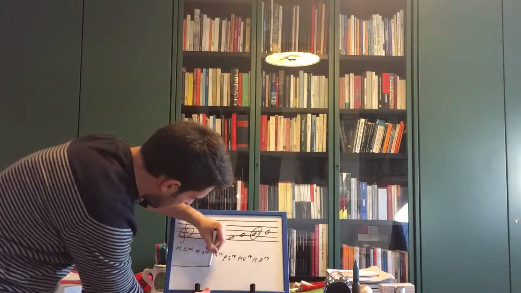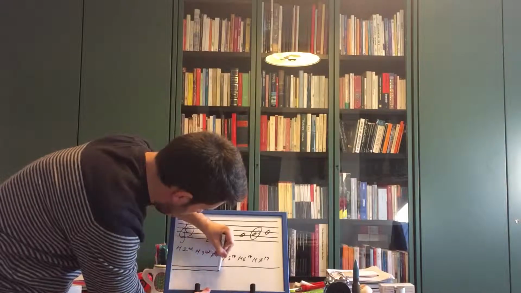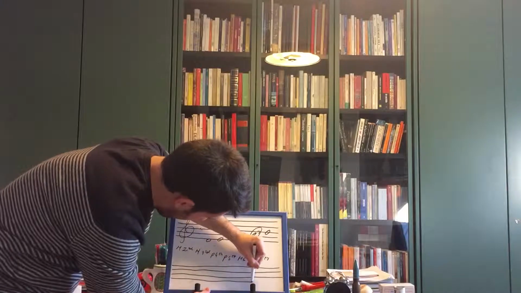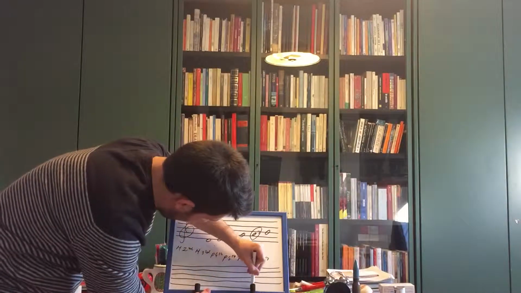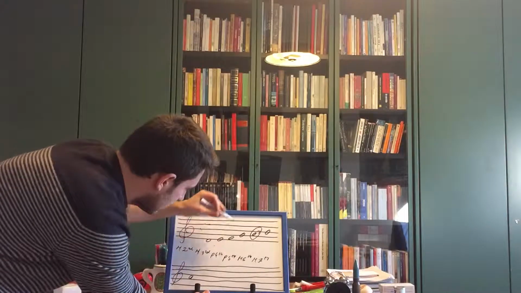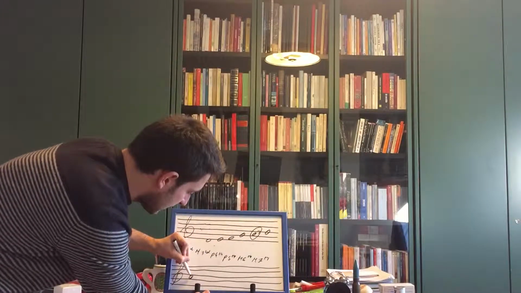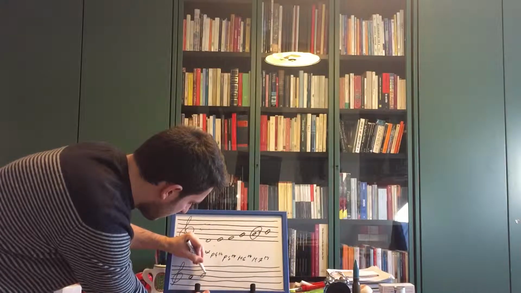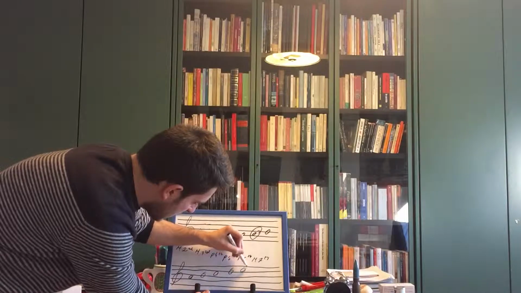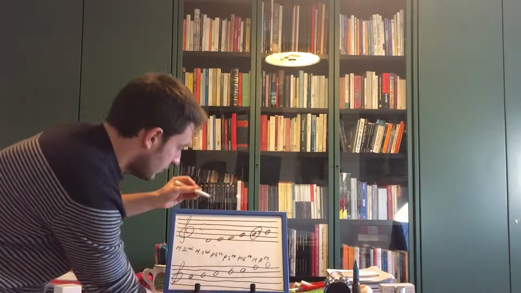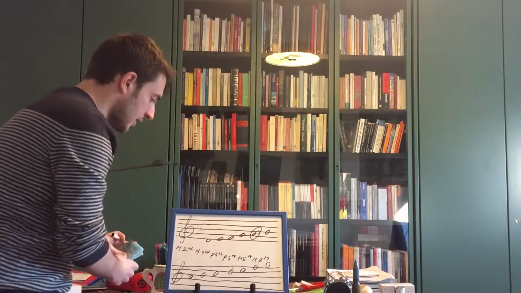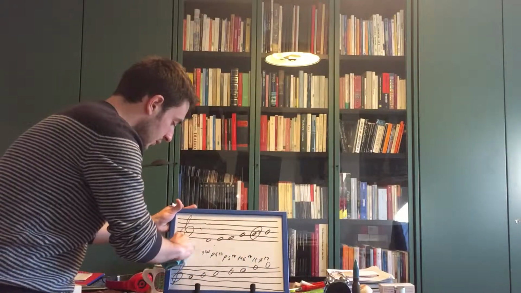So, for example, if we have A, which is the 6th grade and the 1st grade in the minor scale, B, C, D, E, F, G. Okay, so this is the A minor scale, and there are different intervals.